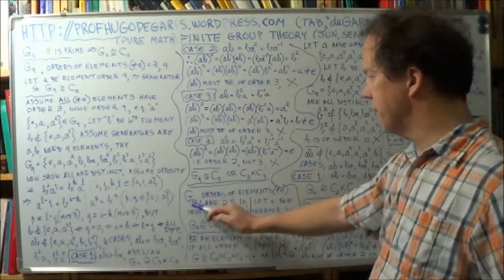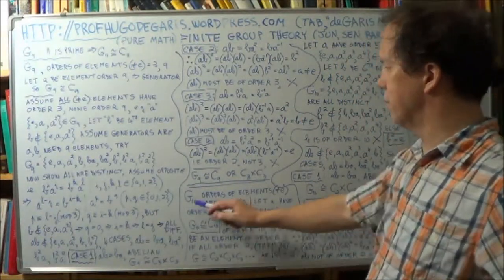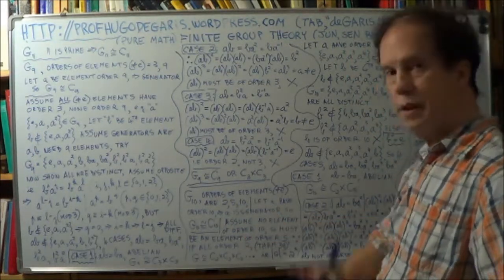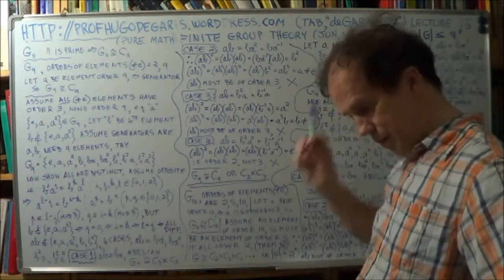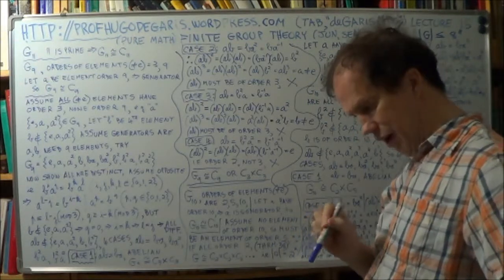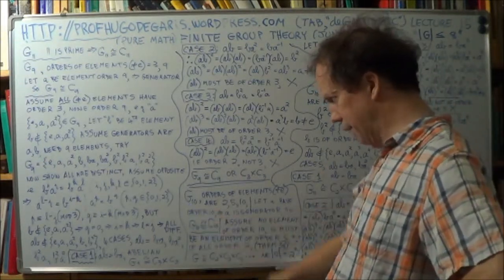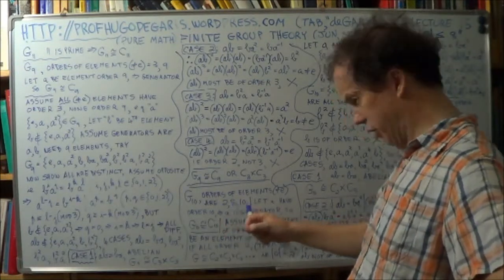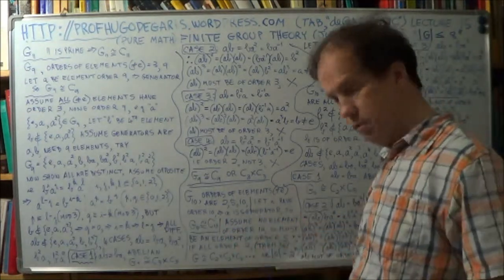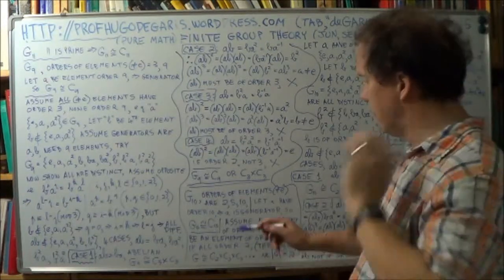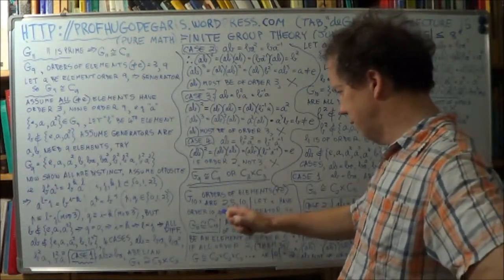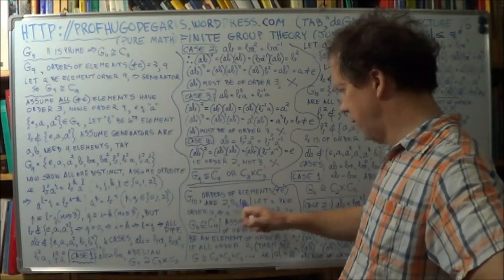So what are the factors of 10 besides 1? Well, they're either 2, 5 or 10. Right? That's it. So our elements of this group, they must have an order of 1, 2, 5 or 10. They're the only possible factors of 10. Right? Well, forget about the 1 because that's just the unit as usual. So we have 2, 5 or 10.